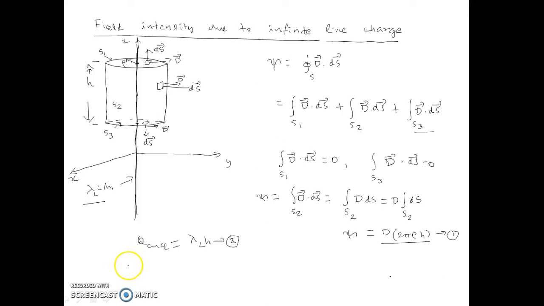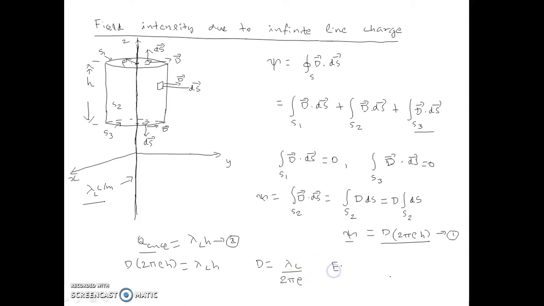So from Gauss law, we can see that 1 and 2 are equal, that is, the electric flux emerging from the closed surface is equal to the net charge enclosed. Therefore, we get D into 2 pi rho h equals lambda L into h, or D is equal to lambda L by 2 pi rho.